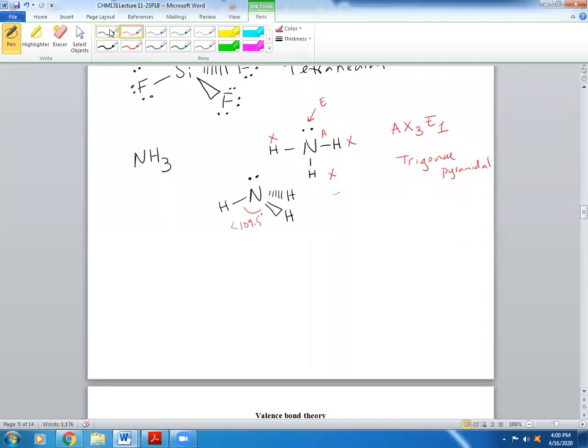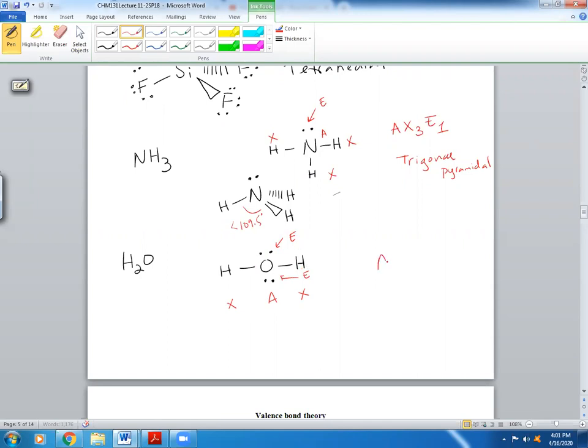H2O. The structure looks like this. This is A, X, X, and you have two E's here, two lone pairs, so that's two non-bonding pairs.